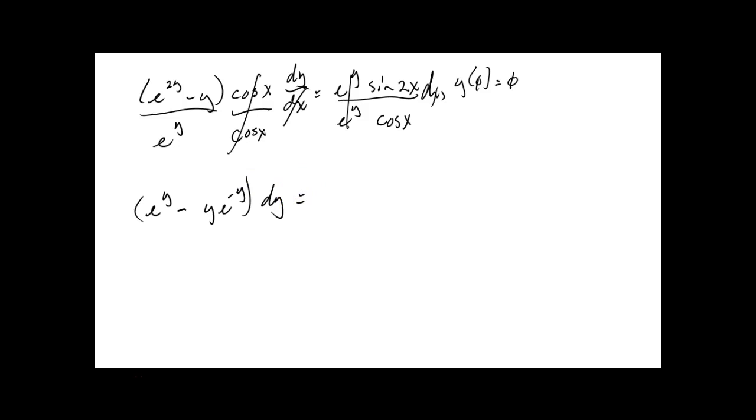Now, how about that sine 2x? Can we write that any other way that might be helpful here? Okay. It's called the double angle formula. I can't ever remember if this book has those in it or not.